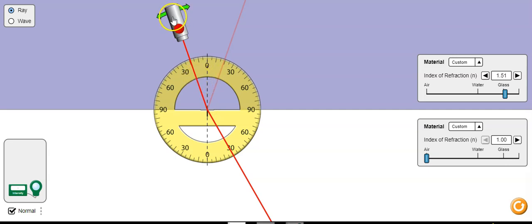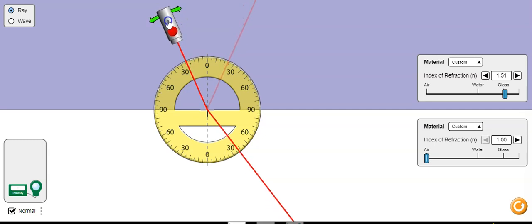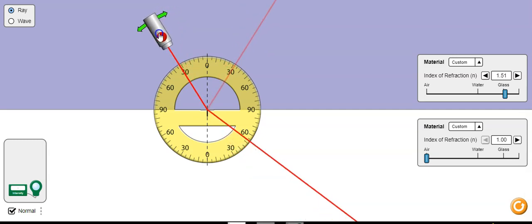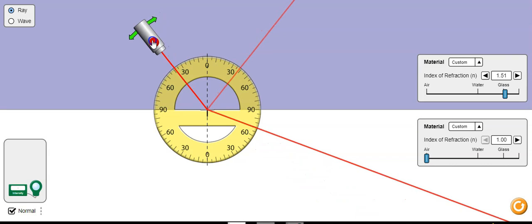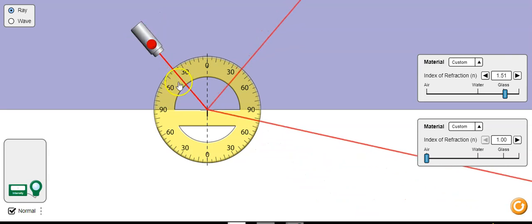Now there's a point at which I can continue to adjust this angle of incidence, and the ray that refracts is getting closer and closer to the boundary.